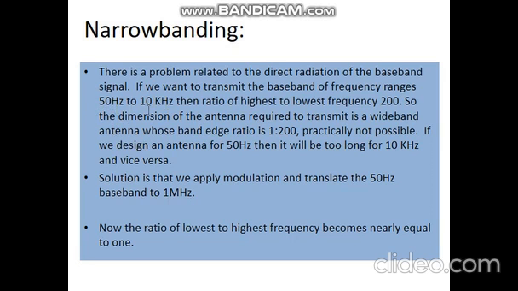Whatever the baseband signal is, you apply a carrier signal in such a manner that you are able to transmit at a frequency centered about the carrier frequency. So by performing modulation, you are able to perform narrow banding.